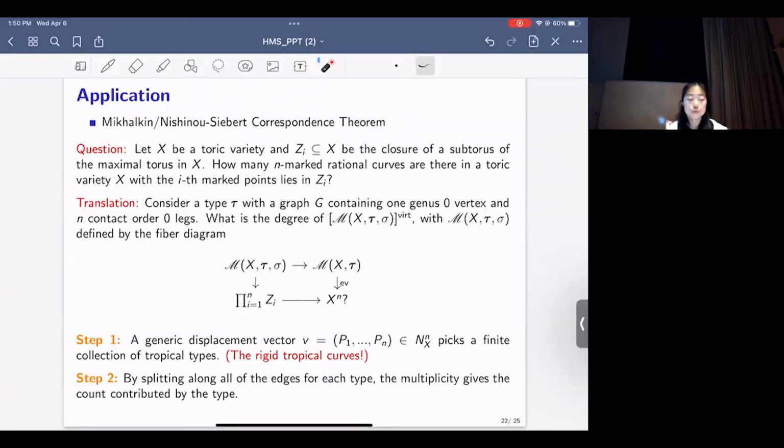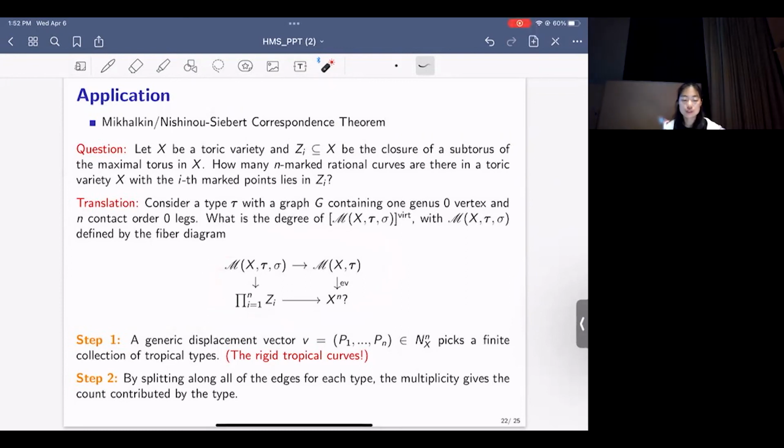And we can restate the question by saying that I am considering a type with graph G containing a genus 0 vertex and n contracted legs, and what is the degree of the virtual fundamental class of this space, which I defined using this fiber diagram.